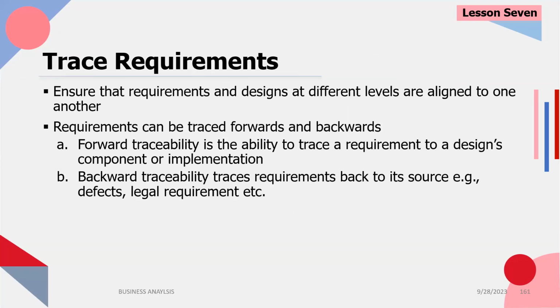So, tracing requirements. You want to ensure that your requirements speak to one another. As you continue to gather requirements, sometimes you get requirements that will contradict the requirement you got 3 months ago. How would you know that there's a contradiction? By keeping those requirements top of mind.